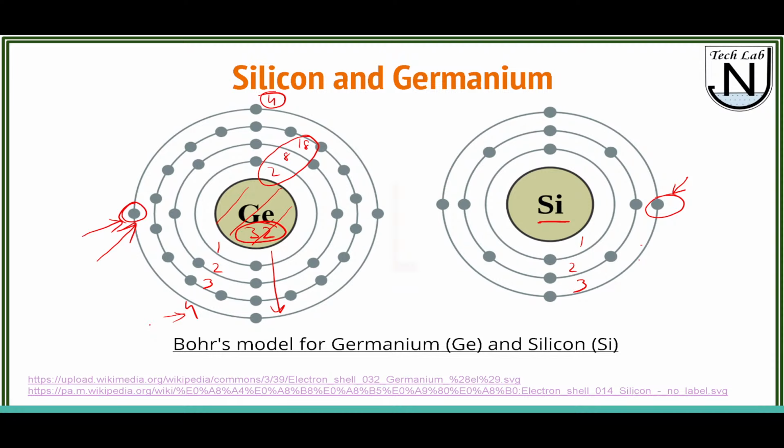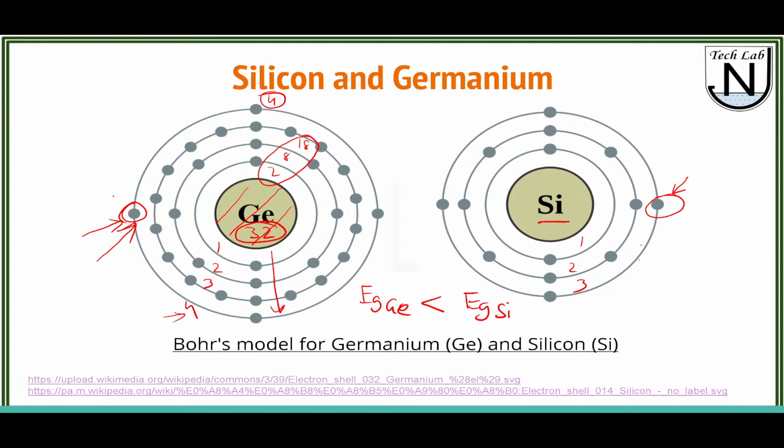So it is due to this reason that the energy gap of germanium is less than the energy gap of silicon, right? Because as we know, the energy gap means how much energy is required to move the electron from the valence band to the conduction band.